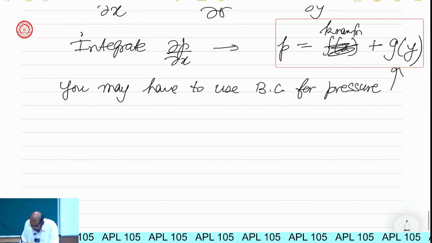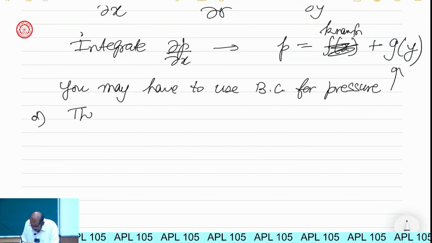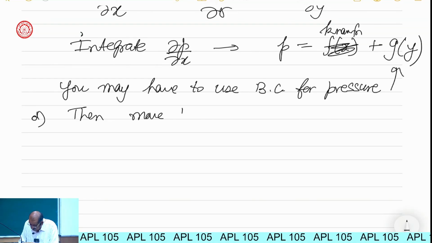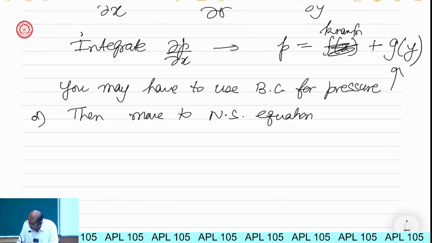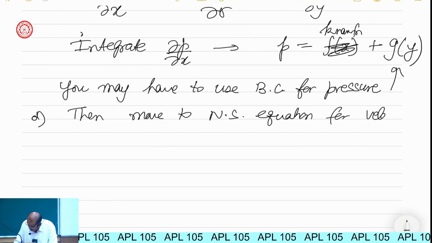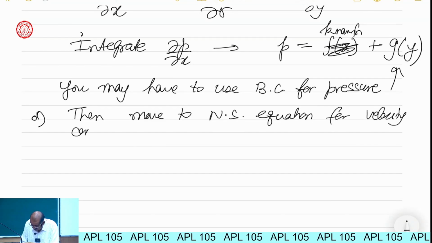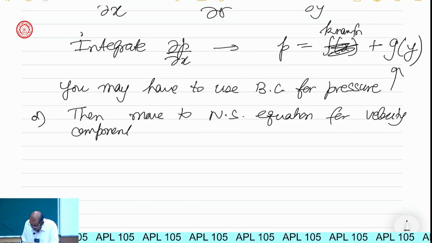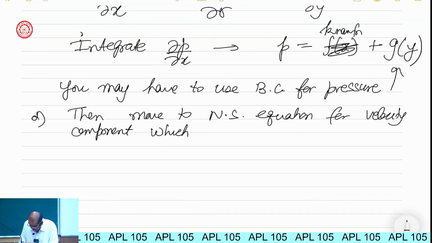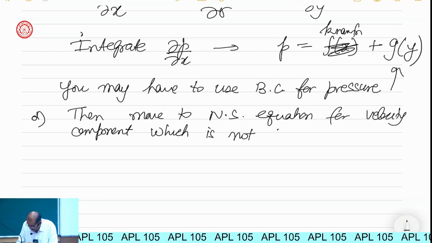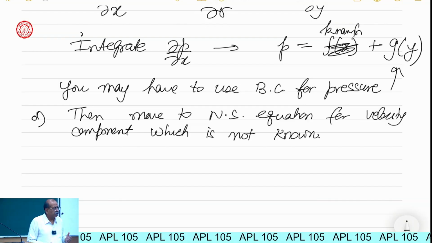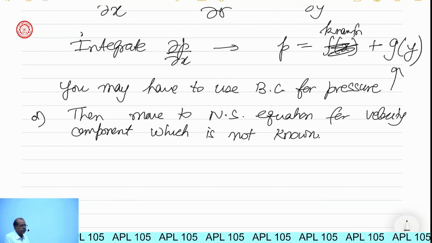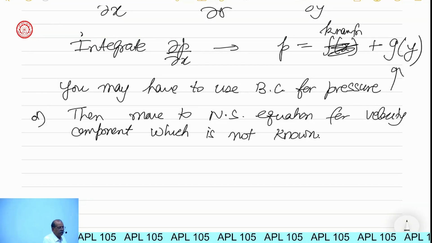And then move to the Navier-Stokes equations for the velocity component which is not known. Okay?